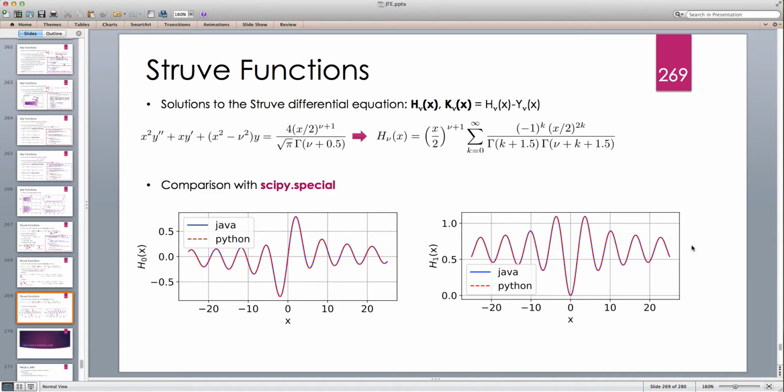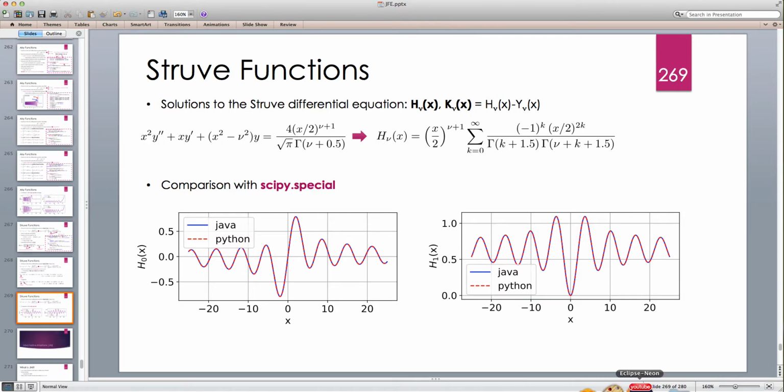And because for Bessel functions we also had the modified Bessel functions, which had exponential rise or decay behavior, we can also have modified Struve functions, which, as you can probably guess, have exponential rise and fall behavior instead of oscillatory.